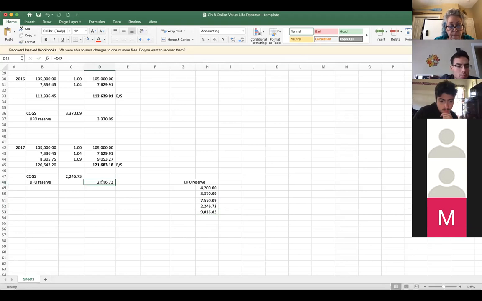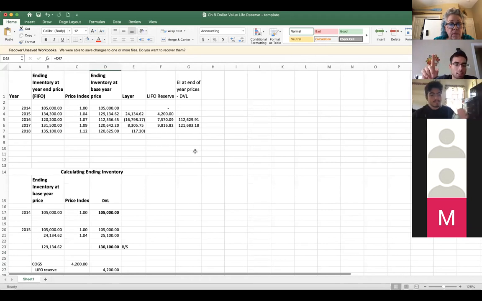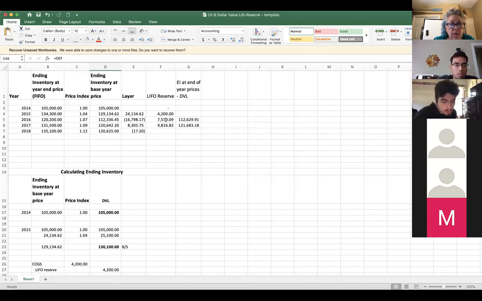The only thing I'm a little confused about is there's a 9,000 right there and a 7,000, and if you go up to the layers, there's also a 9 and a 7. So for the LIFO reserve, it's the difference between the ending year at that price and the ending year at base price.